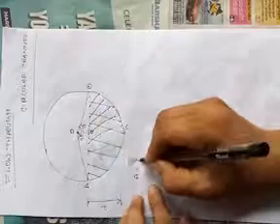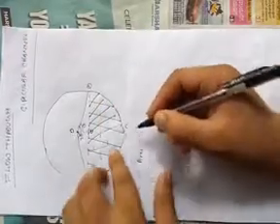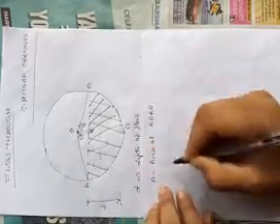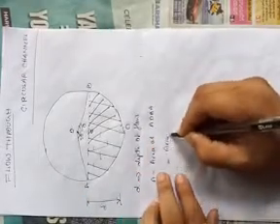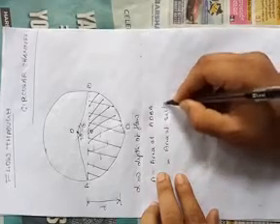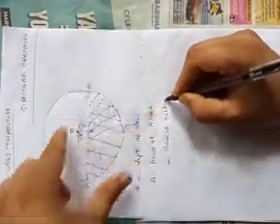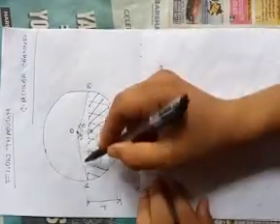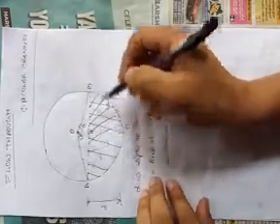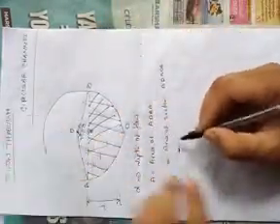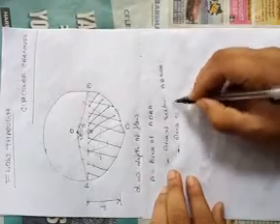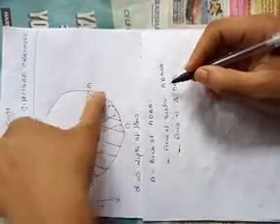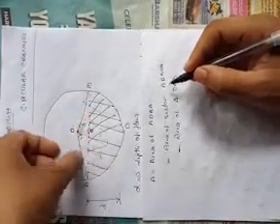So area of ADBA is equal to the area of sector ADBOA, the area of this complete sector, minus the area of this triangle OAB. First you are going to find out the complete area, then minus this triangle.